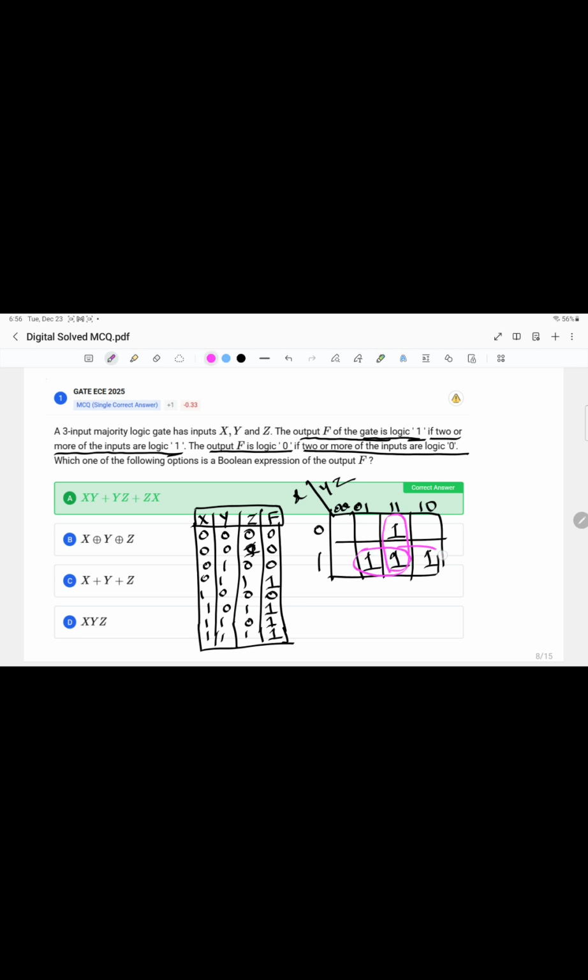The terms are grouped here and the expression can be written as f is equal to yz plus xz plus xy. Okay, this is the correct answer.